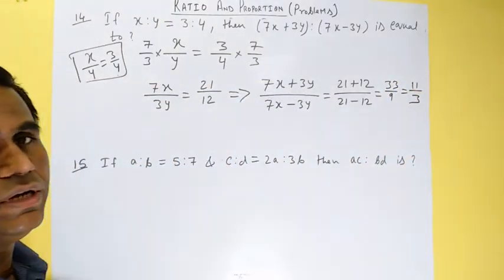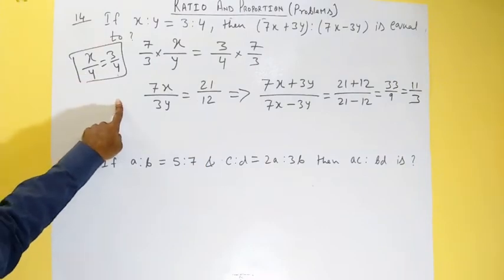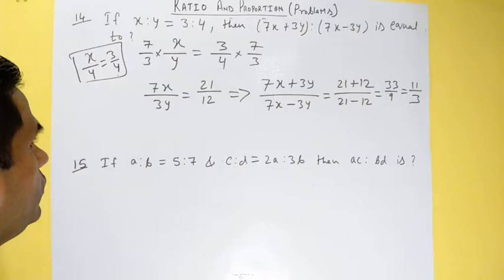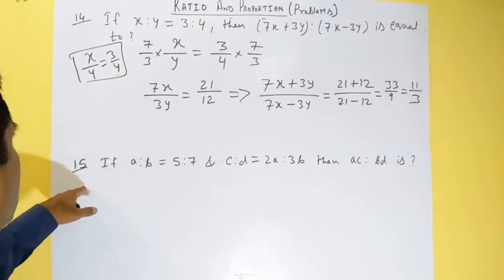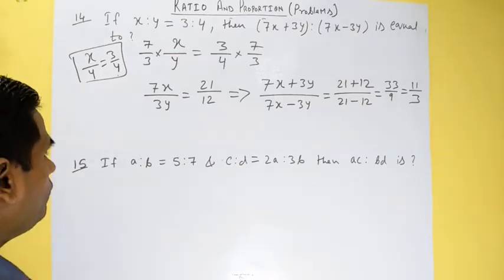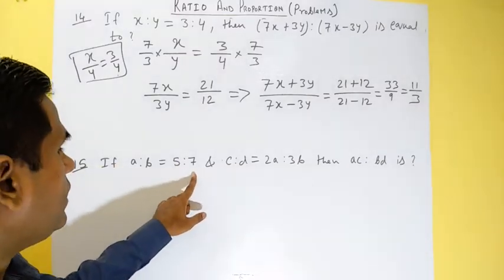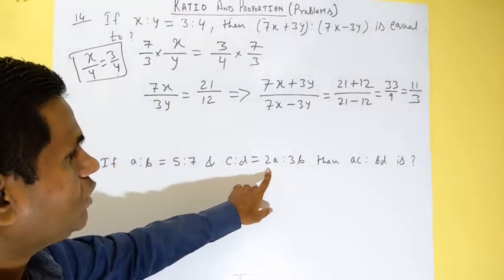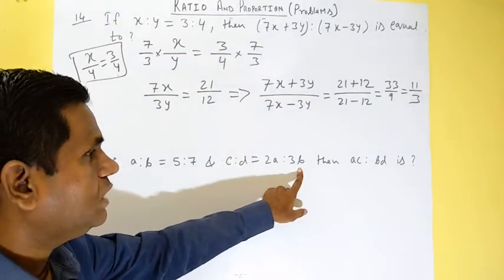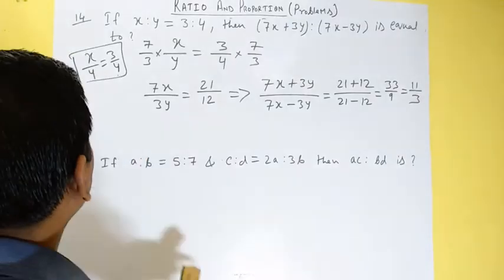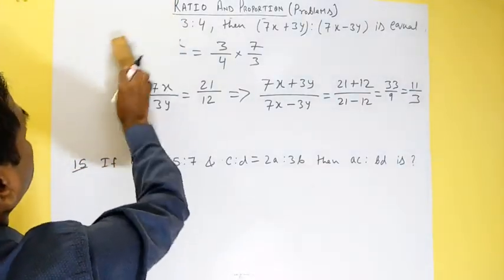So same answer we get. So these both methods I have discussed here. You can use whichever is easy for you. Now let us solve this last 15th problem, wherein it says if A is to B is equal to 5 is to 7 and C is to D is equal to 2A is to 3B, then find AC is to BD. So we will solve that problem also here.